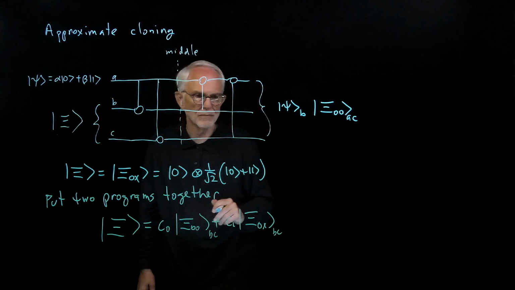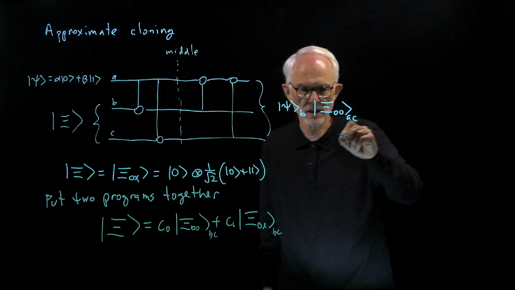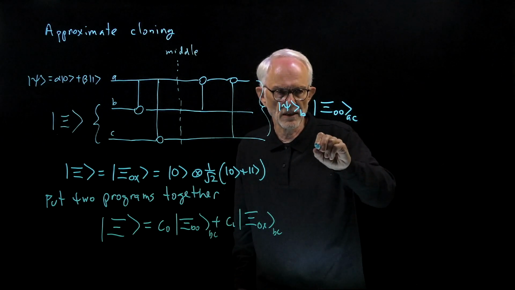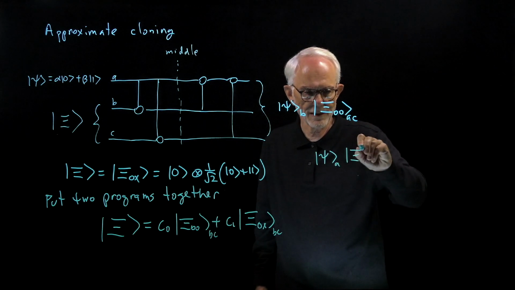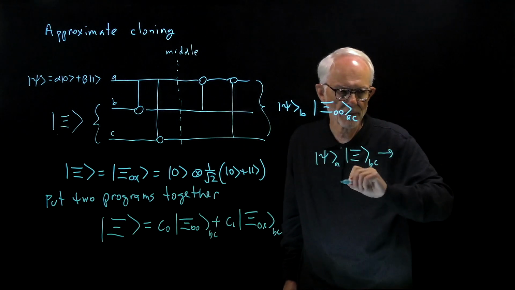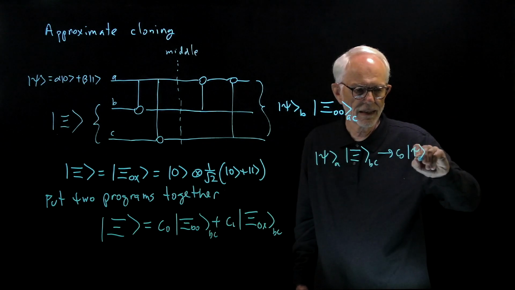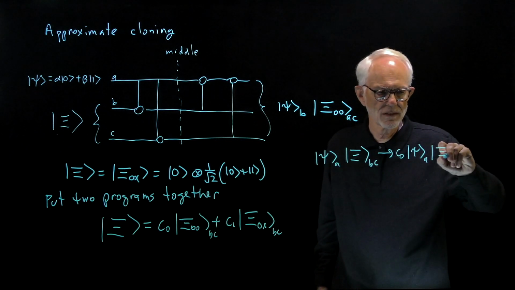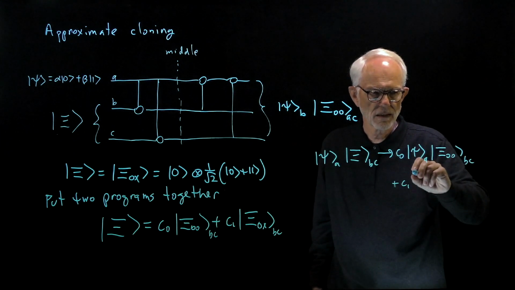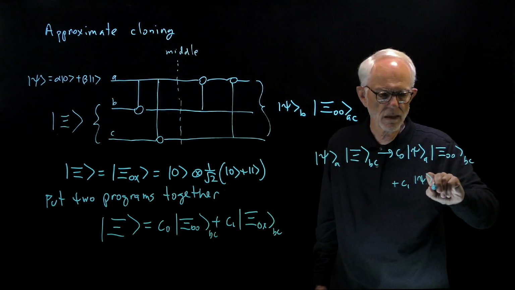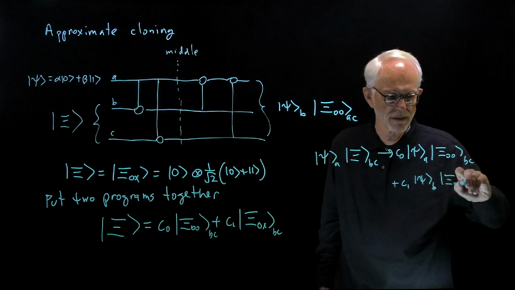So what are we going to get out? We're going to start with psi in A, and then this program state in BC, and what am I going to get? I'm going to get C0 times psi in the A line times |00> in BC, plus C1 times psi in the B line times |00> in AC.